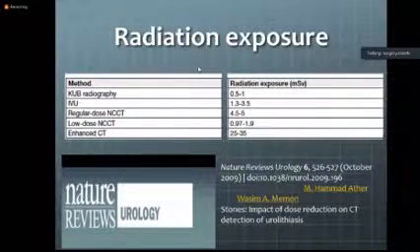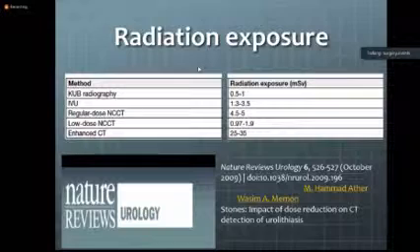An X-ray KUB gives about 0.5 to 1 millisieverts. A short IVU, a three film IVU, would give you about 1.5 millisieverts, but a proper IVU, which used to be done in the olden days, can give up to 3.5 millisieverts. The regular CT KUB or non-contrast CT that you do is about 4.5 to 5 millisieverts.